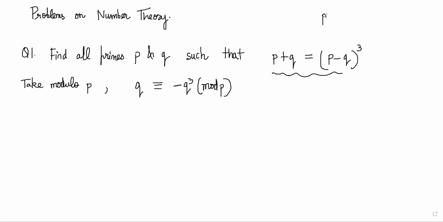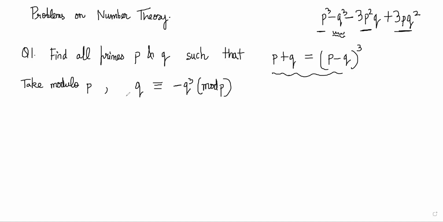Because this expansion is P cube minus Q cube minus 3P square Q plus 3PQ square. So if you see, the three terms here are divisible by P, and the only term that is not divisible by P is minus Q cube.